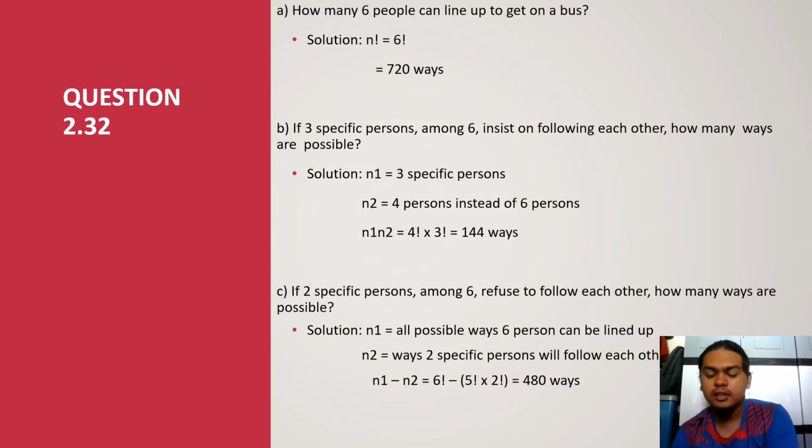So, to get the answer, we write 6 factorial minus in brackets 5 factorial multiplied by 2 factorial, and get the answer 480 ways.